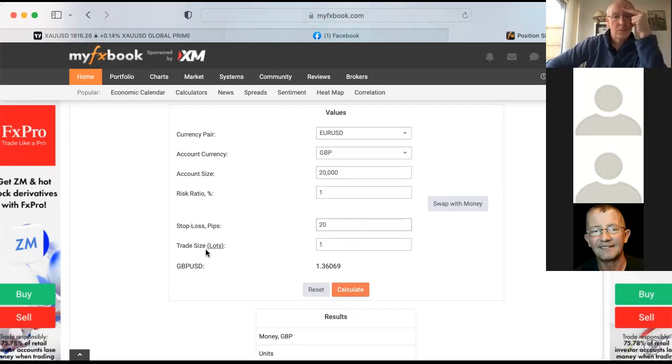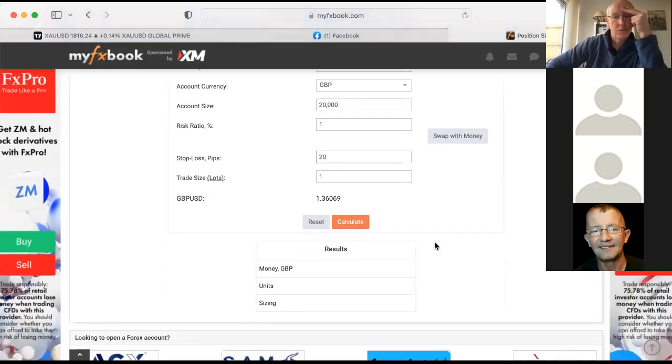I would leave this trade size as is, currently 1, and ask it to calculate, and it would say, okay, your account is 20,000, so you're risking 1%, so you're risking £200, and therefore your lot size needs to be 1.36.